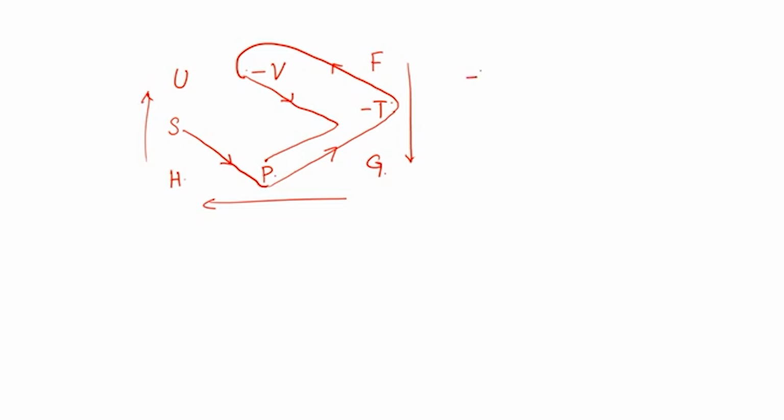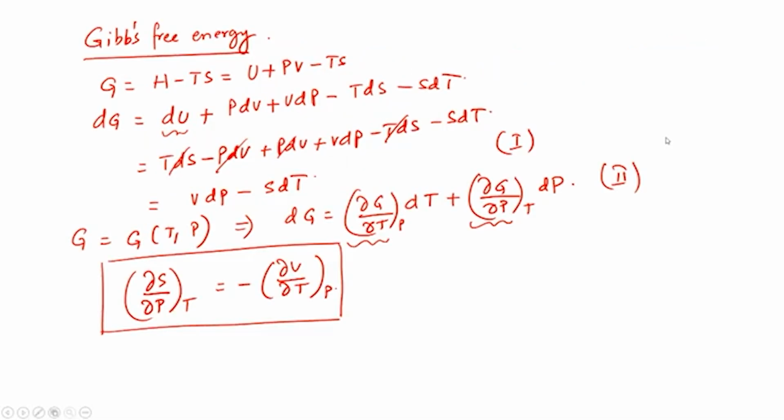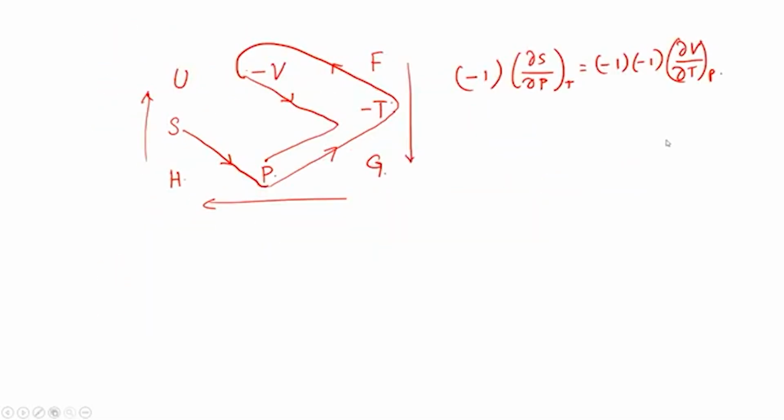So, there is a minus 1 into del S del P at constant t, is equal to a minus 1 into a minus 1, which gives you a plus, and a del V del t at constant p, and so on and so forth. This is the relation that we have seen here, del S del p at constant t equals minus del V del t at constant p.